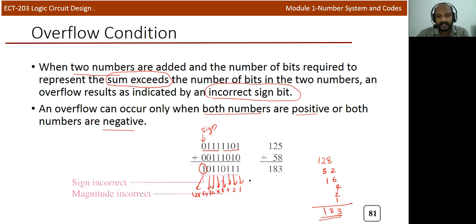So in order to get 183, you need to consider the final bit also in the magnitude part. If you take only the lower 7 bits, you will not get the correct answer. So this problem occurs when both numbers are positive or negative, and you need to take care of this kind of problem.